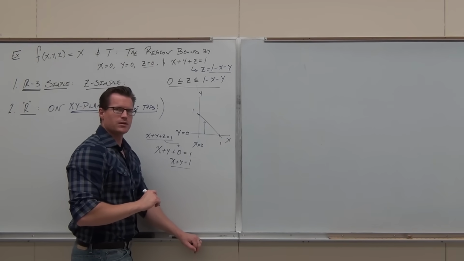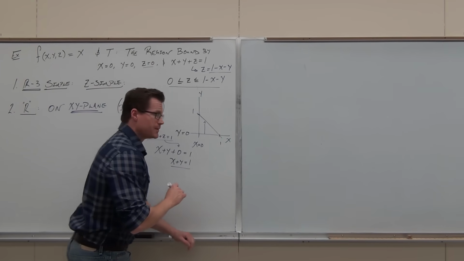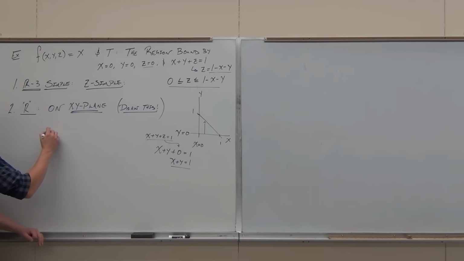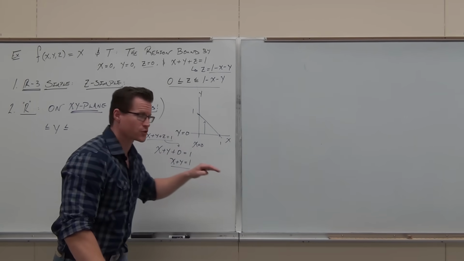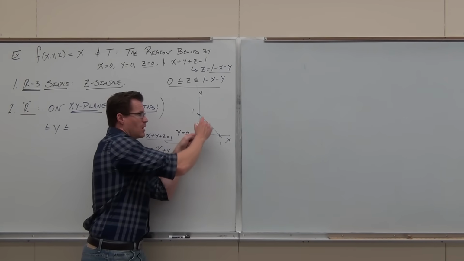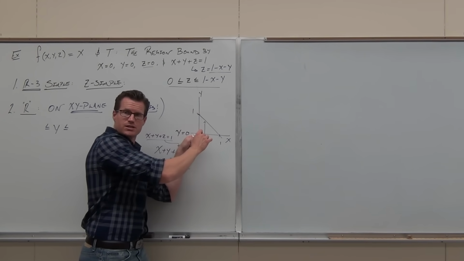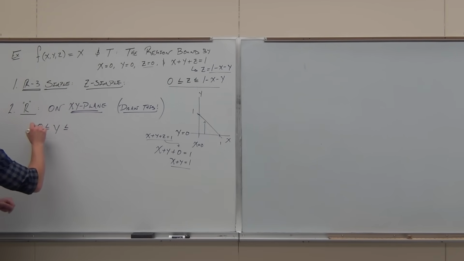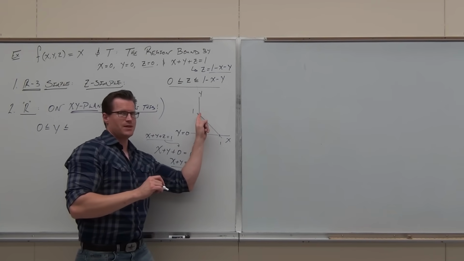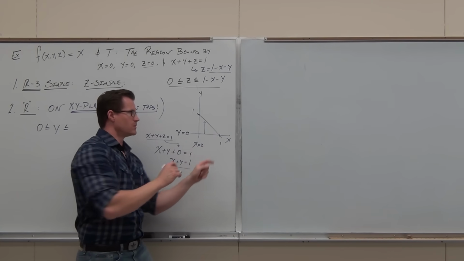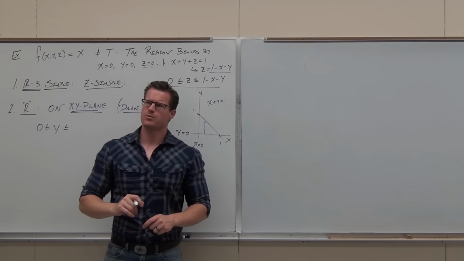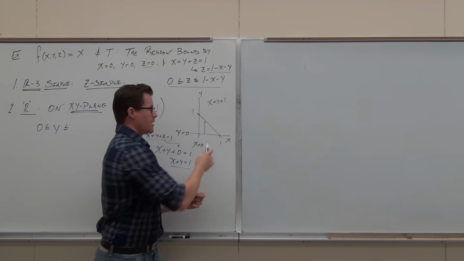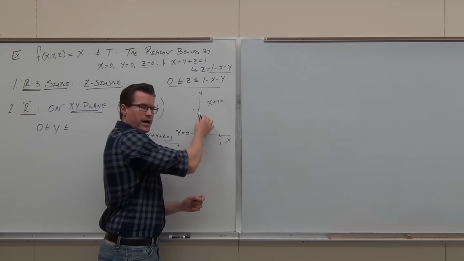So I'm going to choose to go along this first. If I choose to go along this first, I need y, so for my R, I need y to be between two functions of y equals. The first one is y equals 0. Do you guys see that? The second one, well, if this line is x plus y equals 1, what variable would you want to solve for if I'm going along the dy, the y-axis first?